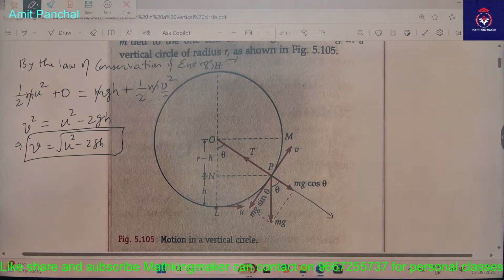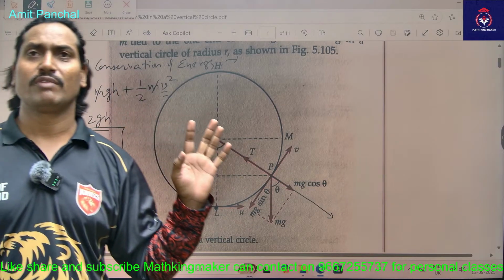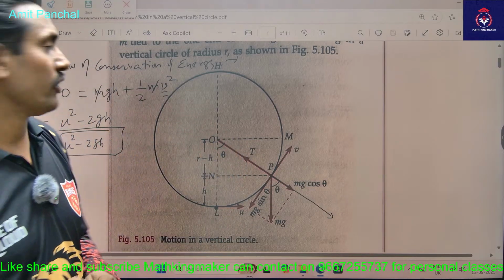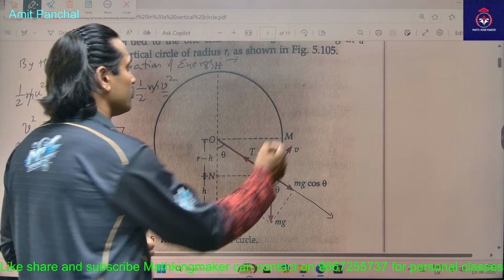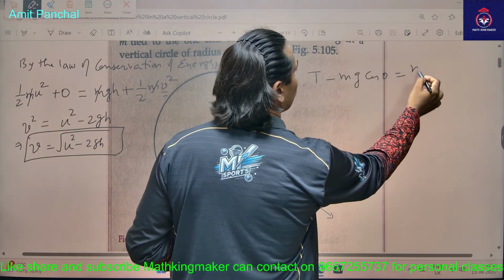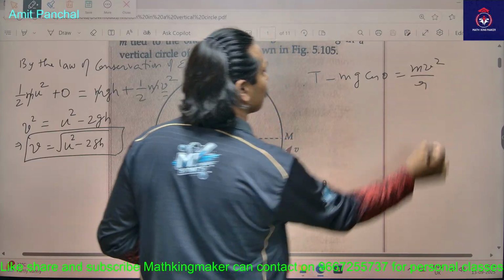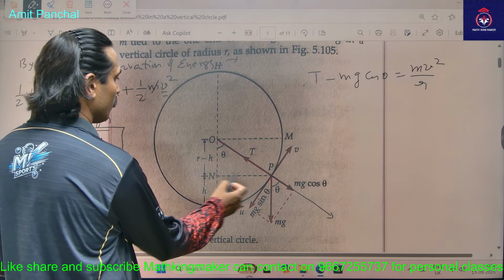Tension is more than mg cos theta, right? Yes, you are absolutely right. Because if mg cos theta were more, the body would move outward and the string would detach. So tension must be more. That means T minus mg cos theta will be equal to the centripetal force. Is it understood? Okay, what will be the value of cos theta? We can calculate from there.